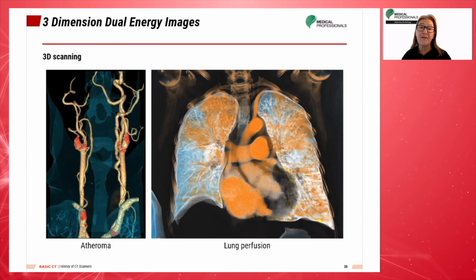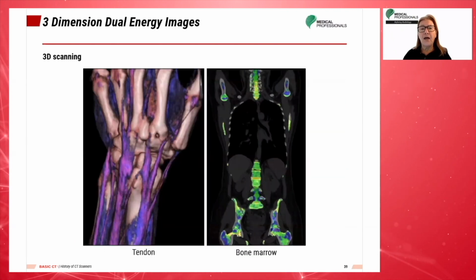The images in this slide show 3D scanning using a dual energy technology that was discussed previously. Other examples of images in this slide show 3D scanning using dual energy technology.